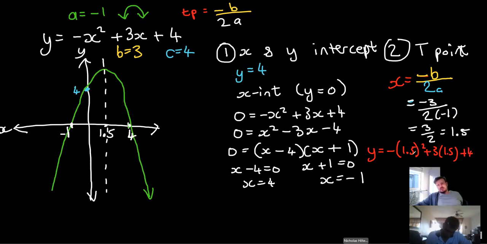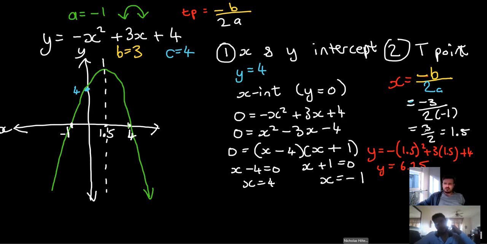Okay, so 1.5 squared, well, we know 225 is 15 squared, so this will be 2.25 negative. This would be 4.5, and this would be 4. So it'd be 8.5 minus 2.25, which would be 6.25, right? You just stick that in the calculator.